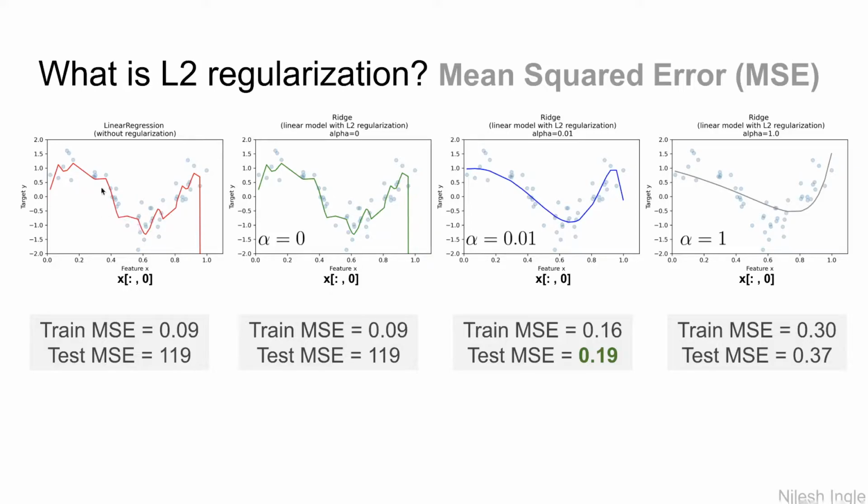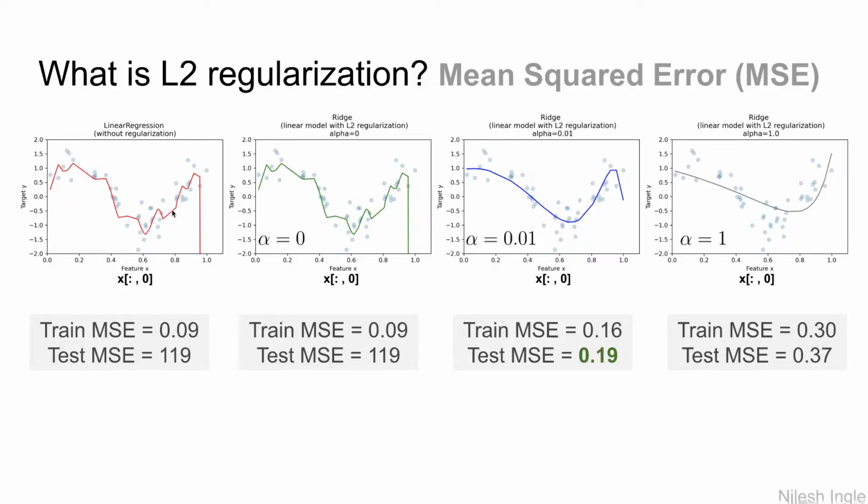So the plot here actually is not the correct way to show the fit, because to correctly show the fit, we would have to plot all the 20-dimensional features in one plot. This is only for illustration purposes to show how the fit can vary when we increase the alpha value, based on the original data set that's in the background.